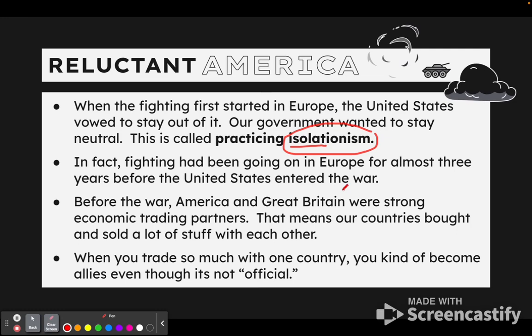We would send goods to them that they could not produce there. They bought and sold lots of things with each other. So we had a great friendship with Great Britain. You kind of become allies with somebody through these different friendship and trade agreements, though it's not exactly official, but it's just understood and expected that we have a great agreement with you. So we expect you to support us in our time of need.